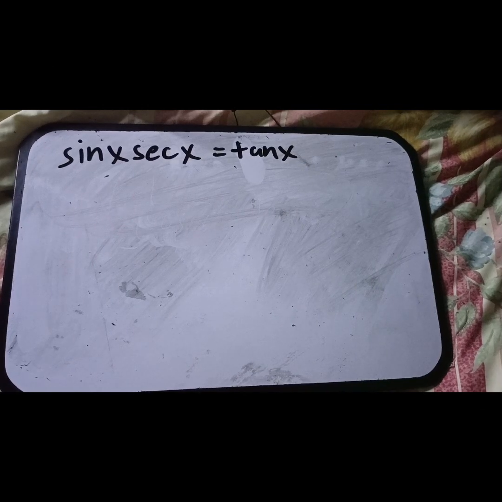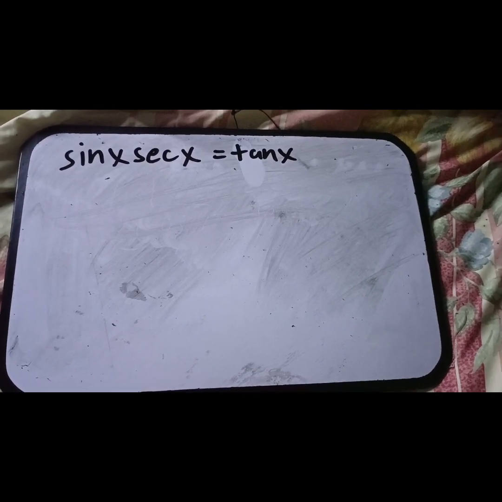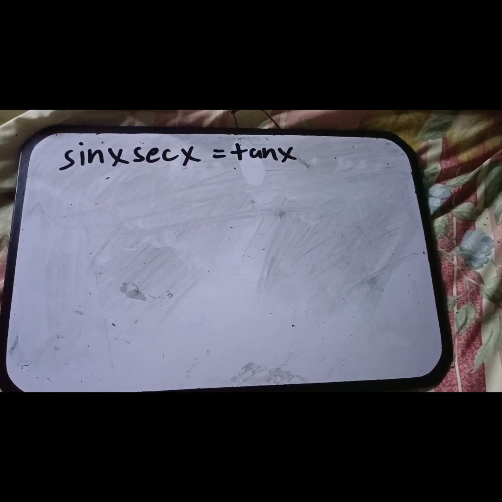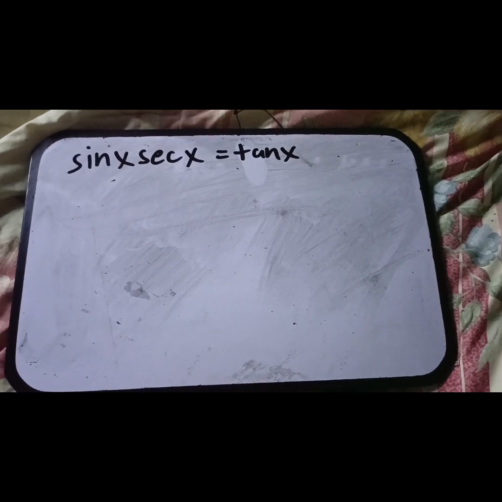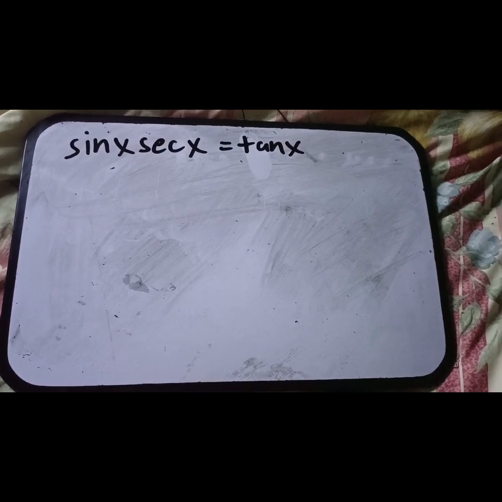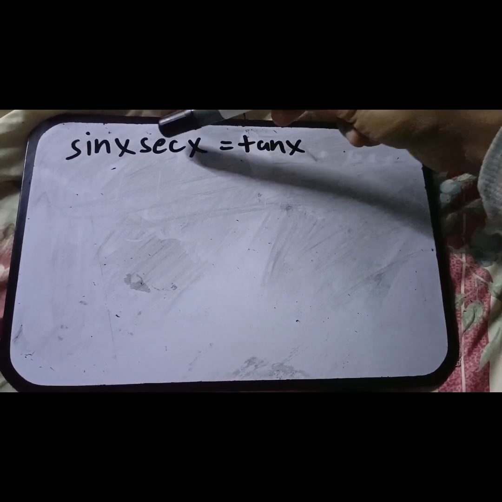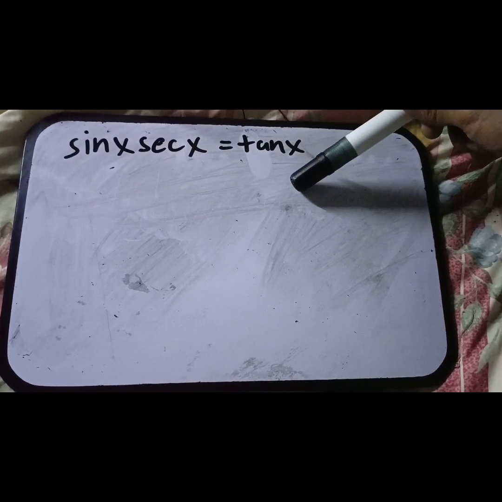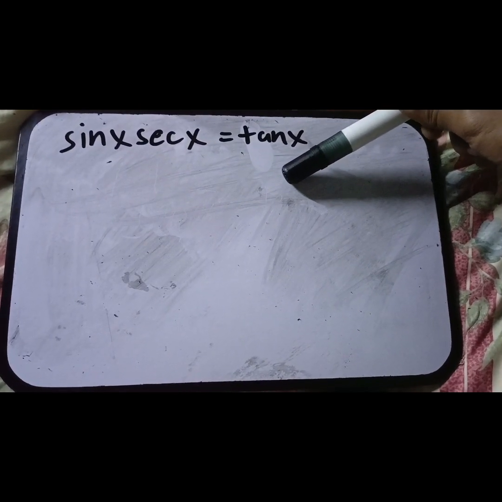Now, to begin our proving and solving identities, let's proceed to our first example, which is sine x multiplied by secant x is equal to tangent x. You can solve the left side first or the right side first.